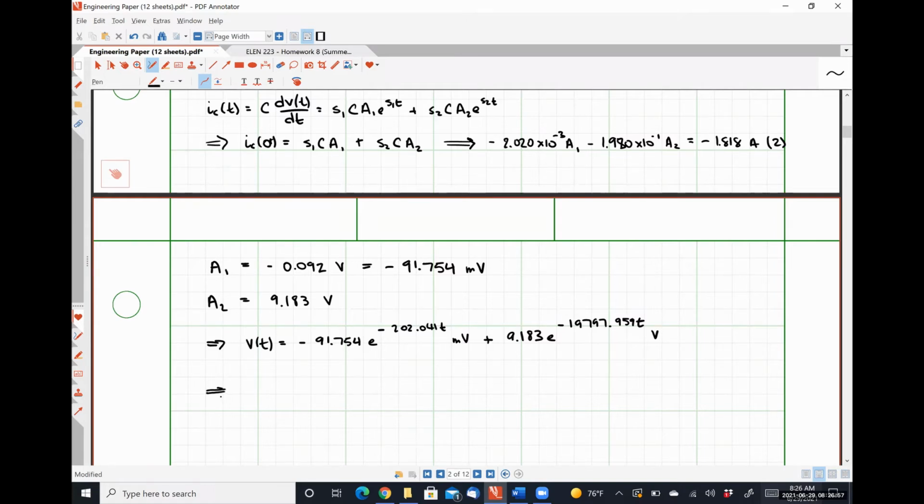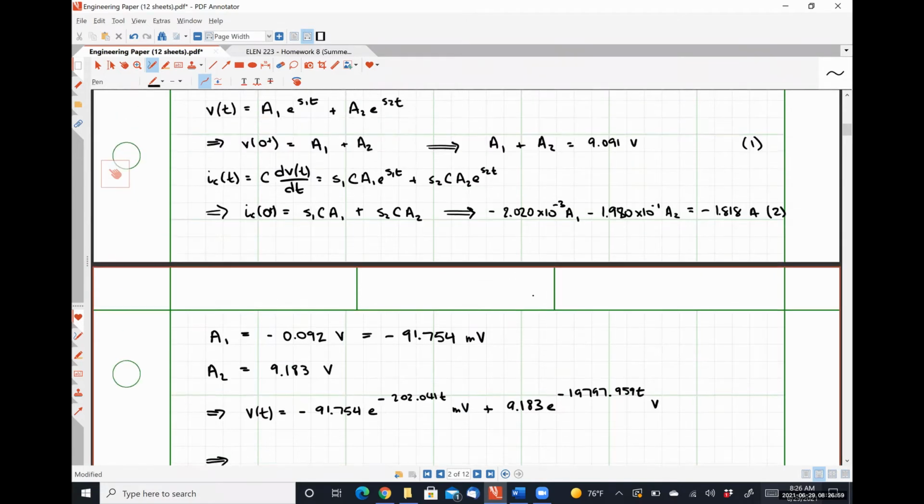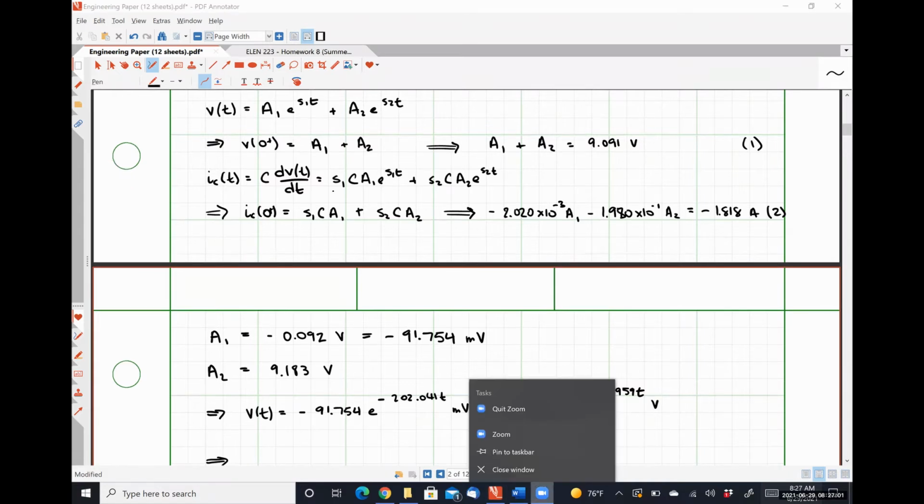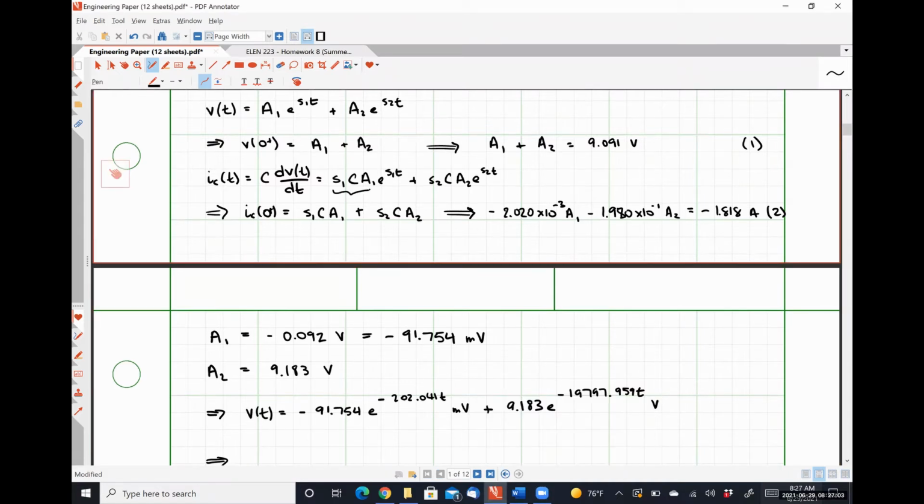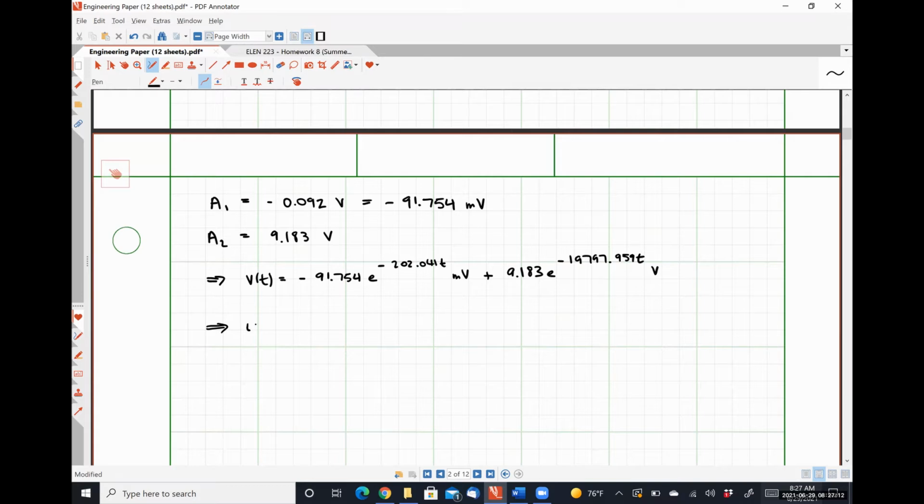For our capacitor current, we can see pretty easily that we're going to have to multiply S1 times C times A1 to get our first coefficient, and S2 times C times A2 to get our second coefficient. So I'm going to do that in my calculator. That's the variable I have stored as X times the variable I have stored as C, times 10 to the minus 6.